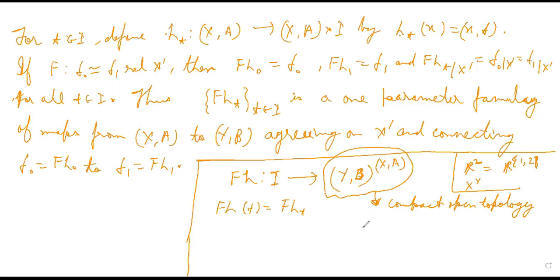It is a topology generated by the sets (K, U), where K is compact in X and U is open in Y.